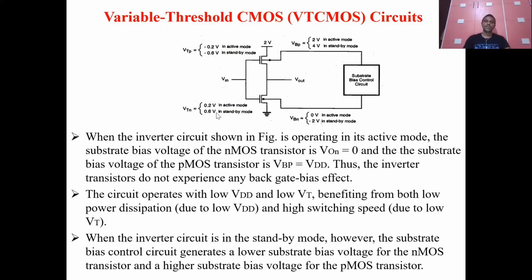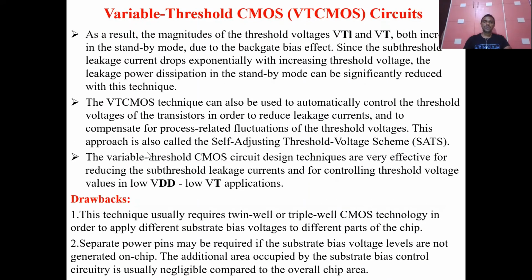That's why, if you observe, for standby mode it is 0.6 volts for NMOS and minus 0.6 volts for PMOS. At that time, we also increase the substrate bias control. So we are not completely avoiding the leakage, but we are reducing some power usage here. That is nothing but variable threshold CMOS circuits, right?